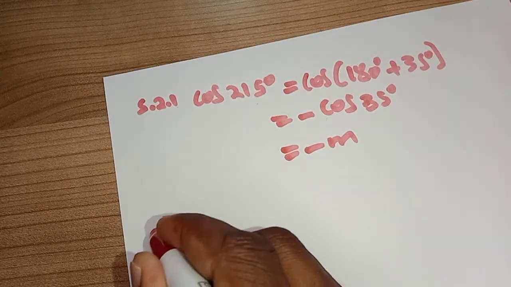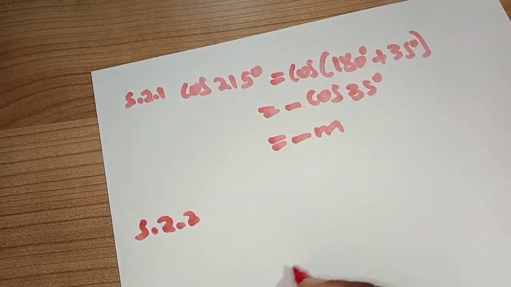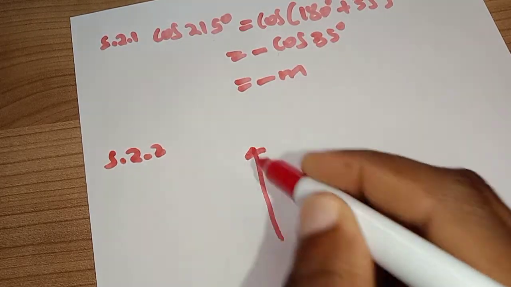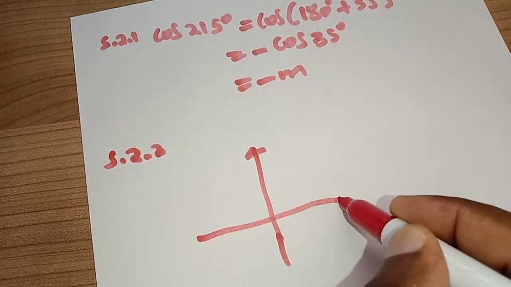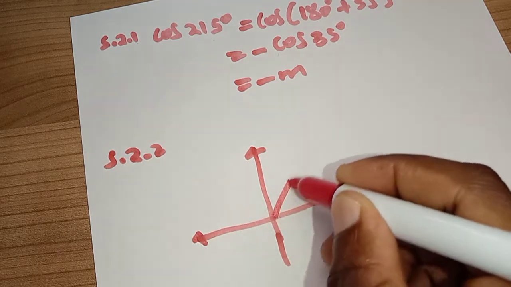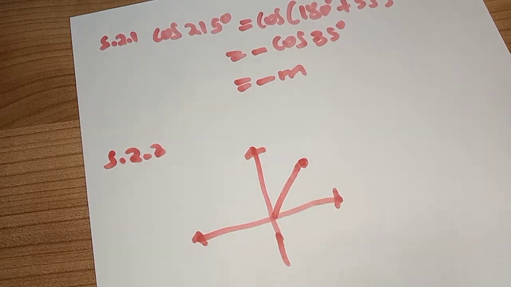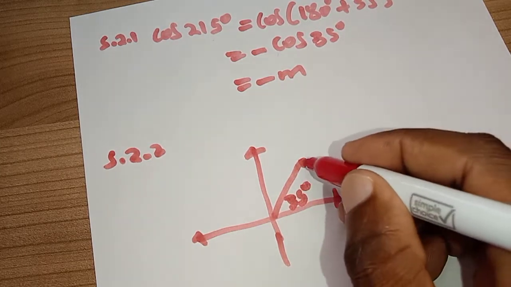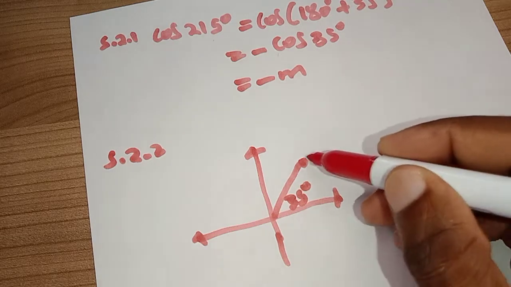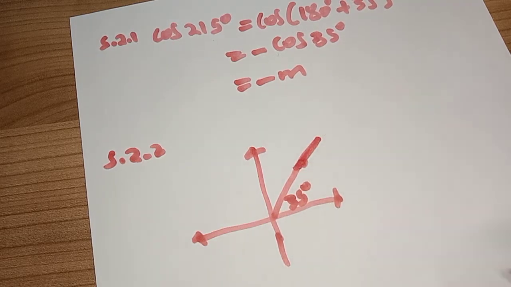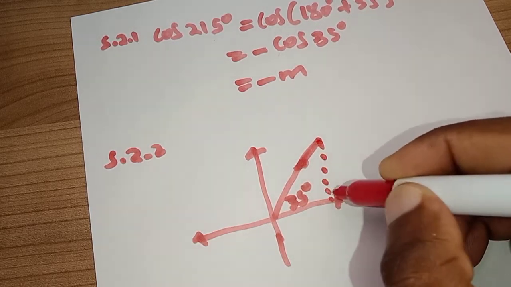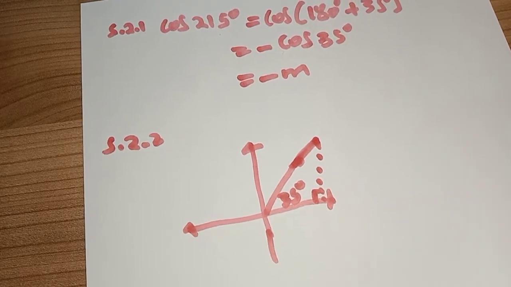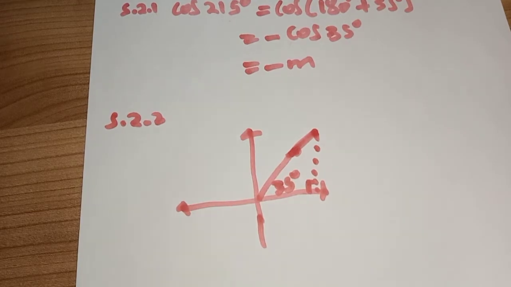Here we have a Cartesian plane. Then we are going to have the arm in the first quadrant, and here we put our 35 degrees. I'm just trying to construct the right angle triangle, and here I might have the 90 degrees.